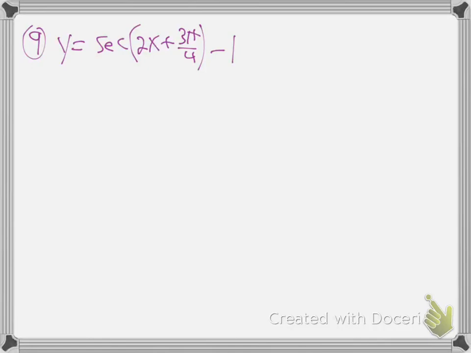Okay, you want to try that one? So we've got to take what's inside the parentheses there, and put it between the normal secant boundaries, the asymptotes, minus pi over 2 and plus pi over 2, and solve for x. And you know what that -1 is going to do, huh? It's going to move the whole graph down 1. We'll do that at the end.